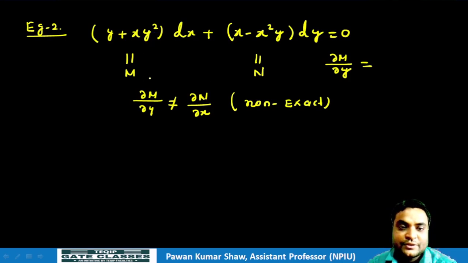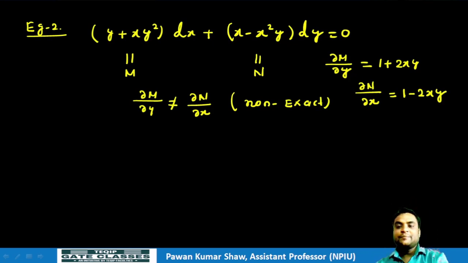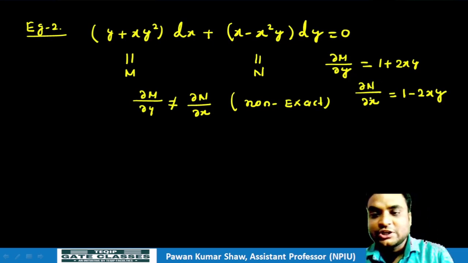If you differentiate with respect to y, we get 1 plus 2xy. And what about del N by del x? Here we differentiate with respect to x, y will be constant, so it is 1 minus 2xy. So del M by del y and del N by del x are not equal, so this is non-exact.